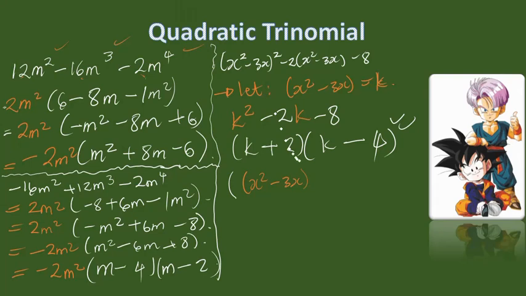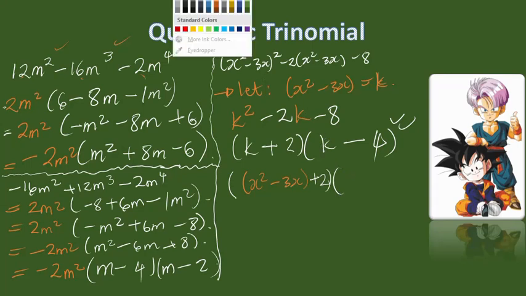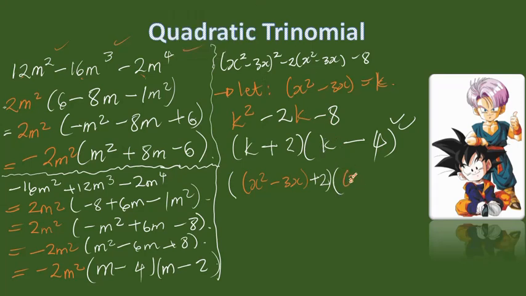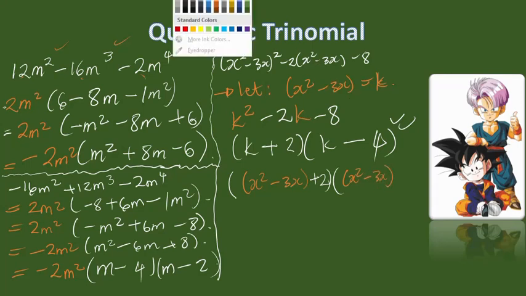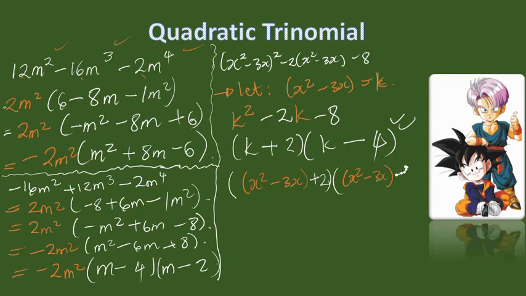Return the things now. Here's a plus, here's a 2, here's a bracket, open another one, then a k. A k, what we do, we replace that with the bracket that we replaced k with, close the bracket of k, return things, minus the 4, close bracket.